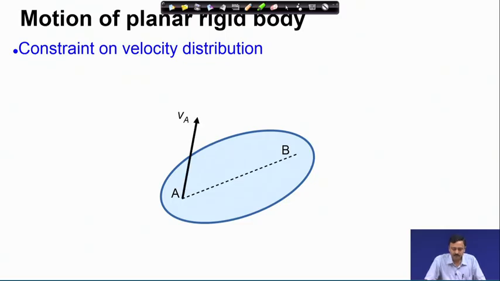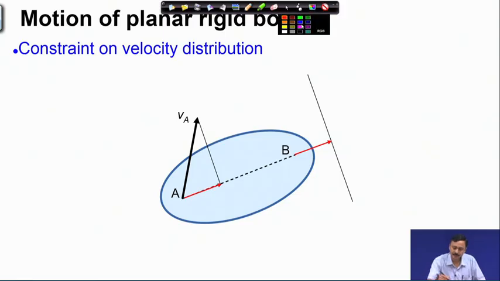If V A is the velocity of point A, then the projection of V A along A B is this red vector, and B also must have the same velocity in the direction A B. Therefore, the actual velocity of point B must be such that its projection along A B is this red vector.